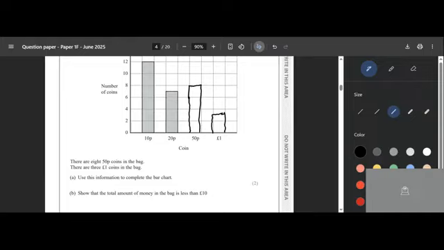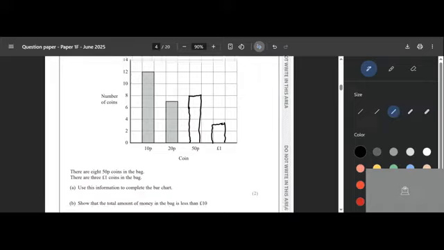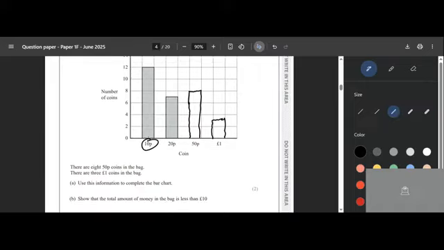Then you're told, show that the total amount of money in the bag is less than £10. So let us confirm it is less than £10. The 10p coins, they are 12.